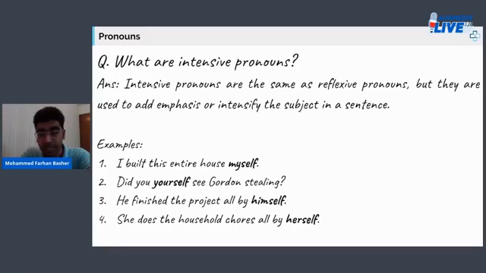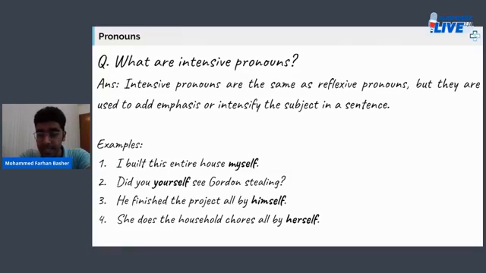When you say, I built this entire house myself, you're intensifying the fact that you built this house. And when you say that I did it myself, you're emphasizing the fact that you took a great deal of hard work to get something done, right? Okay. And the second example, the second sentence, it's a question.